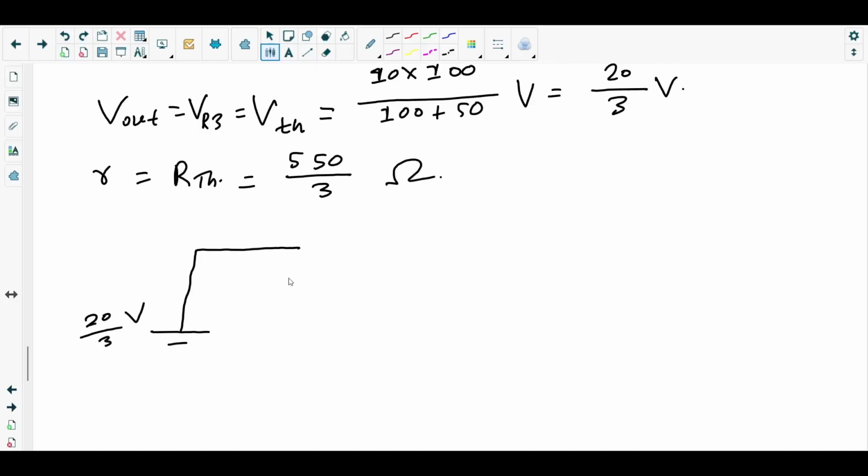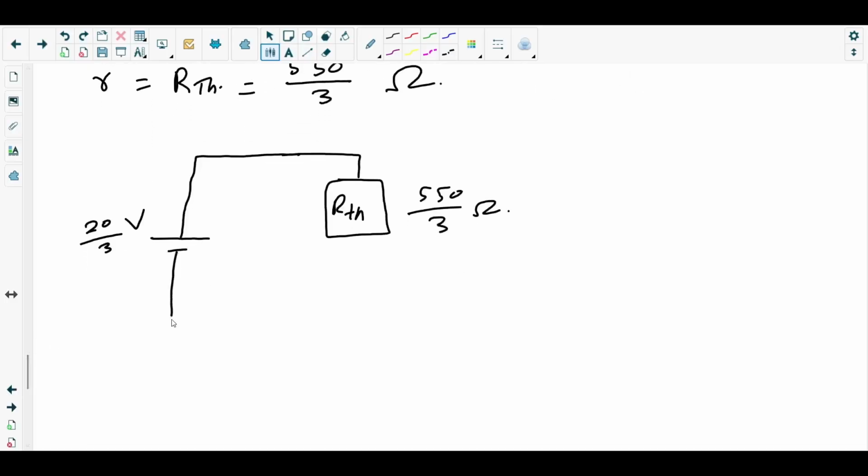And the resistance RTH, which is 550 over 3 ohms, will be in series with the load resistor. Okay, let me draw it perfectly.